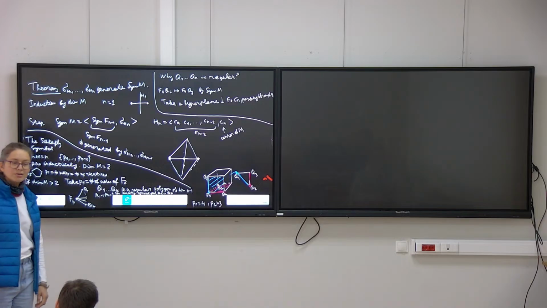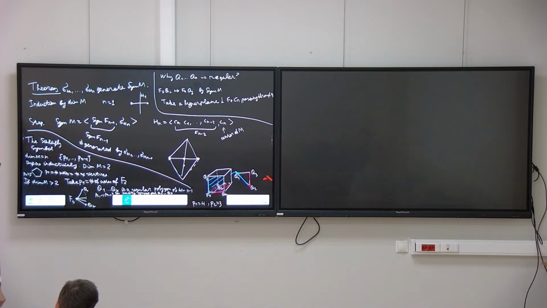Okay, any questions? So I have defined the Schläfli symbol. So finally I decided that you will prove yourself in the seminar that the Schläfli symbol equals the following object.